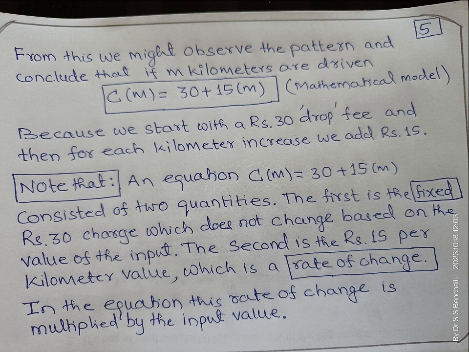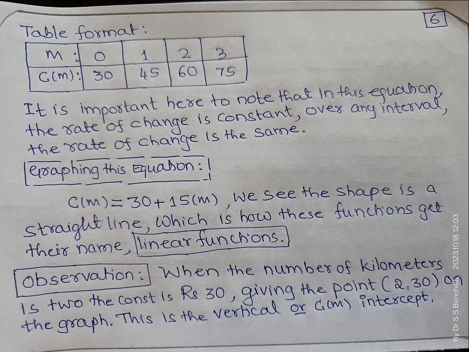In the equation, this rate of change is multiplied by the input value. We have already written the mathematical model. Now I am thinking, is it possible to write the same equation in tabular form? Yes, it is possible.